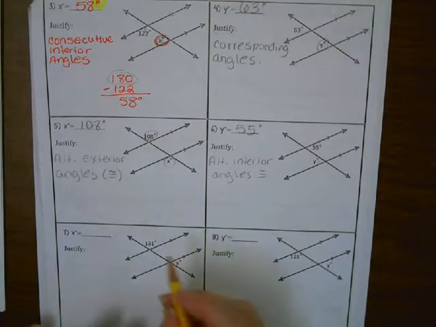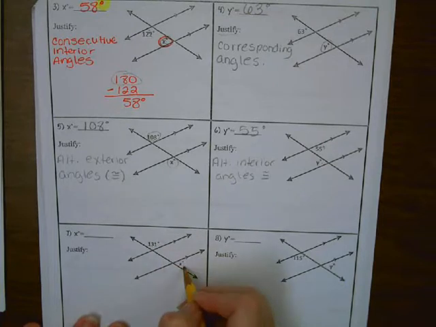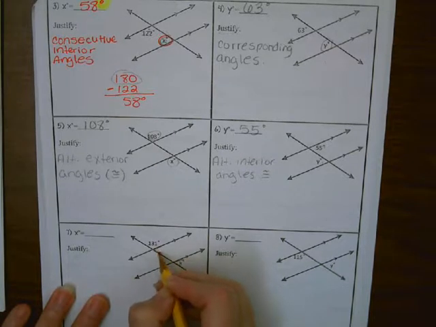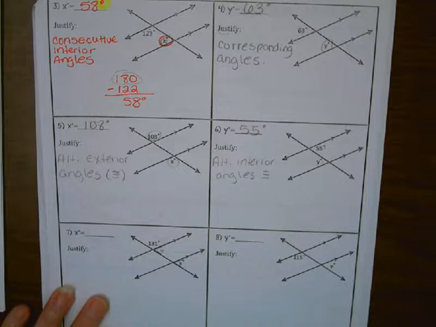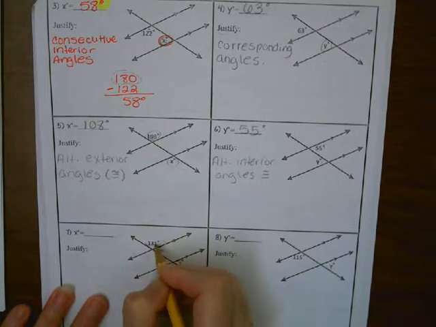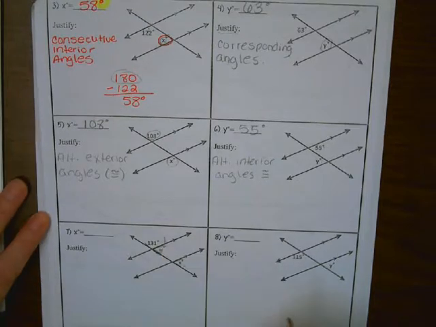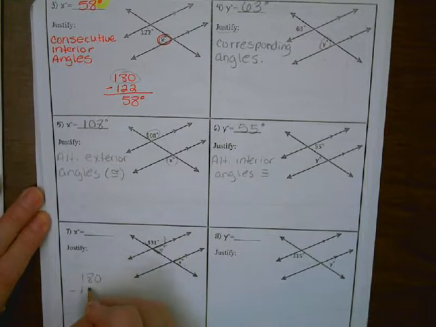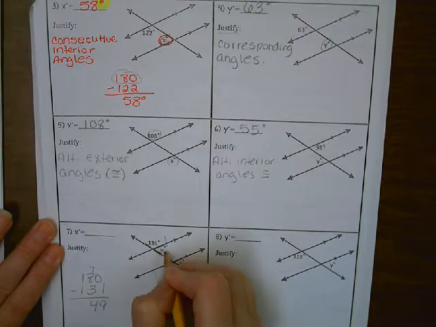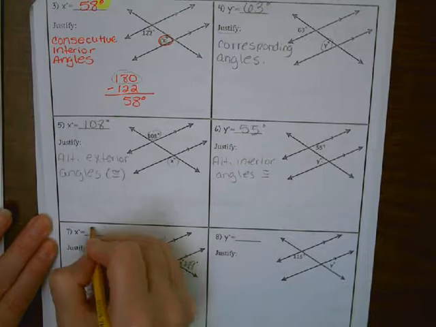Okay. What's going on down here? This one gets a little bit harder. This would be the same as this angle right here, and this angle forms a linear pair, so that has to equal 180. So I'm going to figure out what this angle is. If this angle is 49 degrees, then this angle is a corresponding angle of 49 degrees.